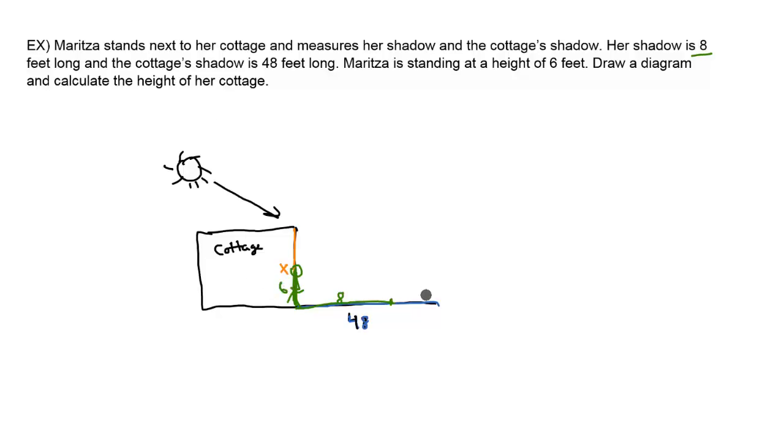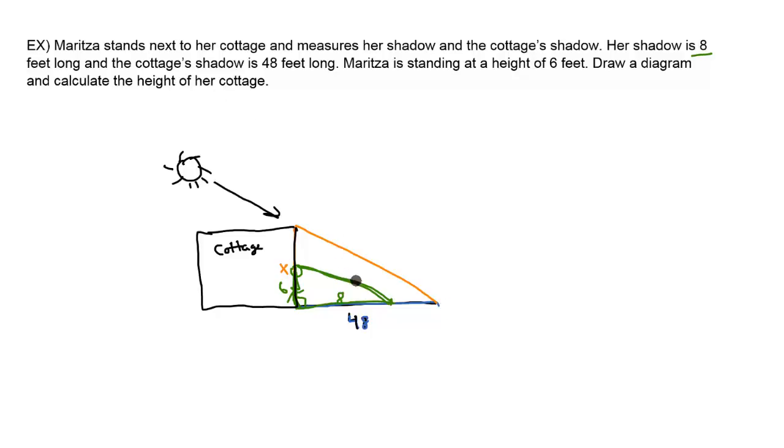Okay. And I want to use similar triangles to solve. So I'm going to create a triangle here with Maritza. This is going to be a right angle, right? When she's standing on the ground, that would create a right angle. And then I also want to finish up this triangle with the cottage. So I run a line going down this way.